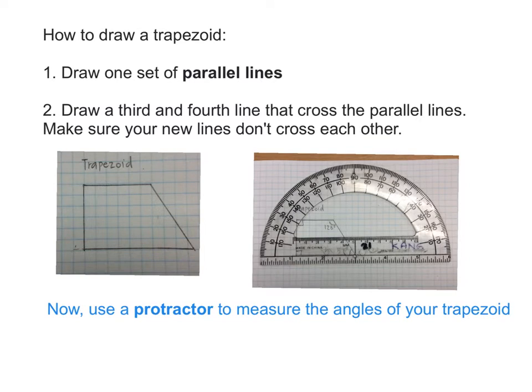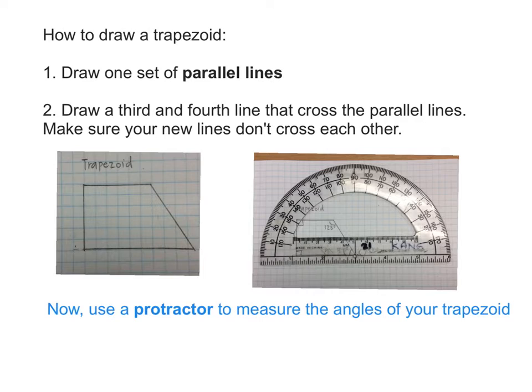On my trapezoid, the angles were 90 degrees, 90 degrees, 123 degrees, and 57 degrees. If you add up all the angles inside, what's 90 plus 90? 180. What's 123 plus 57? 180.